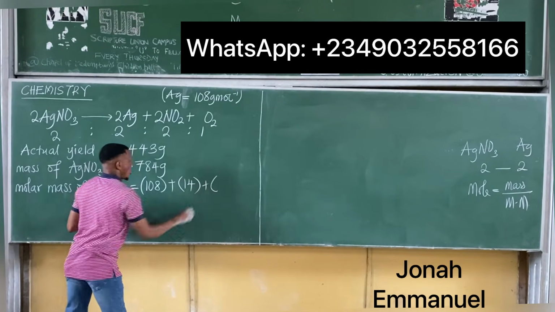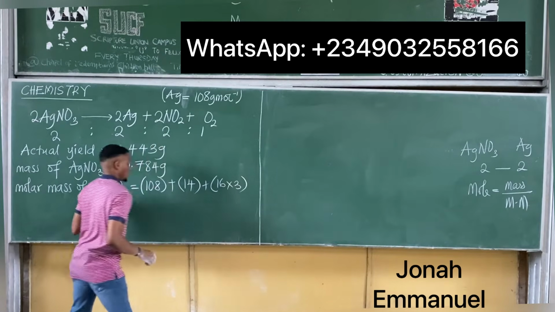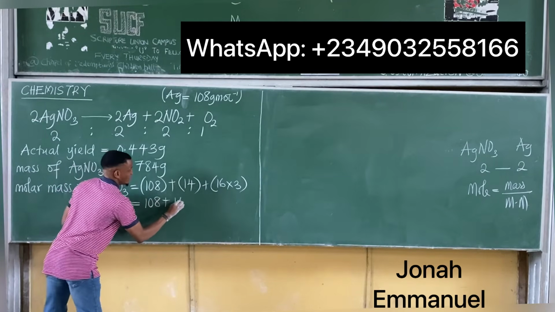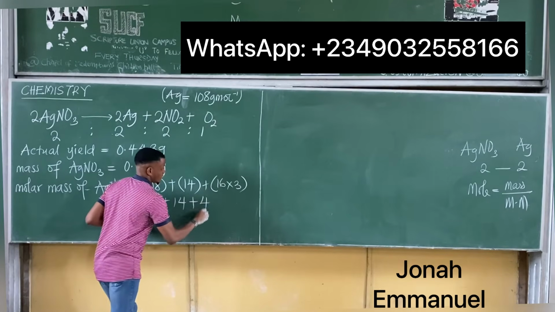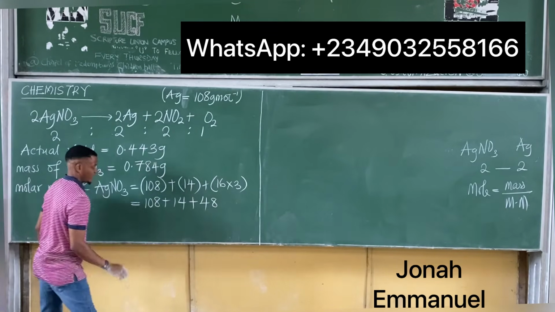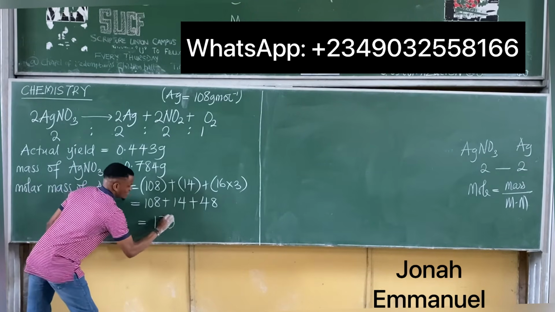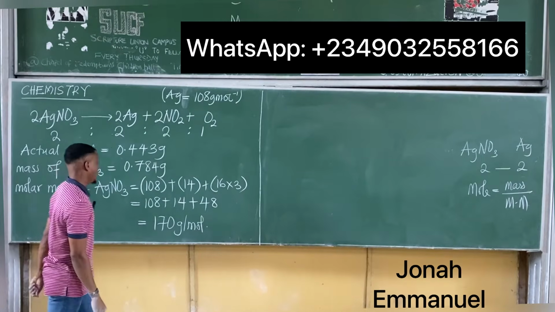Plus oxygen, how many? 16 times 3. So that's equal to 108 plus 14 plus how many there? 48. Alright, please sum this, what do you have? 170 gram per mole. I've gotten molar mass of this.